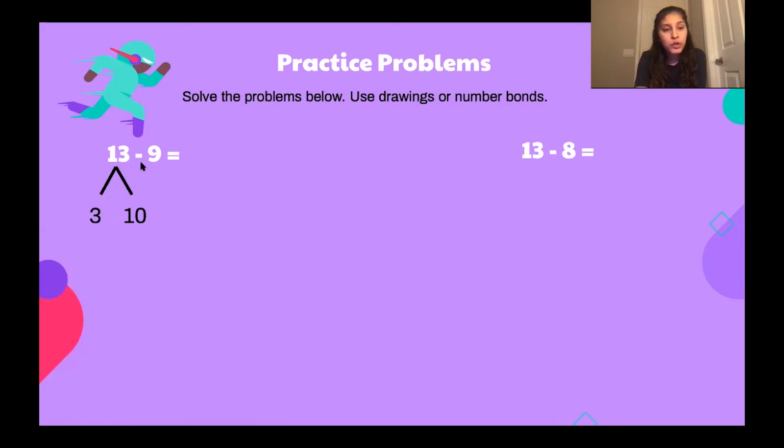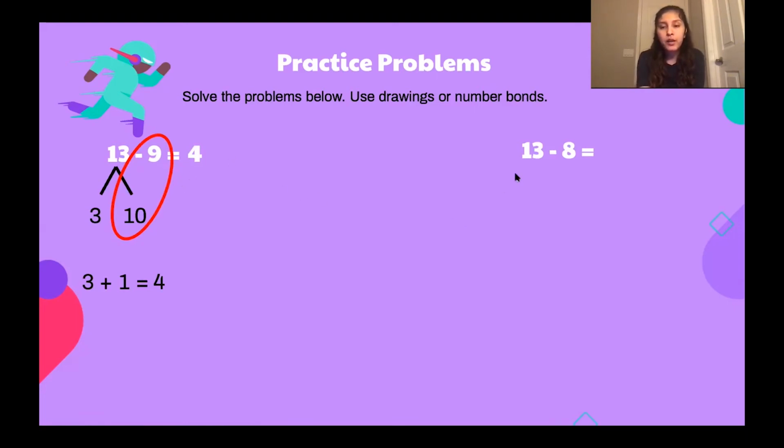And I can subtract 9 from 10 because I know what 10 minus 9 equals: 1. So 3 plus 1 equals 4. So 13 minus 9 equals 4. Nice. So check your answer. Did you get 4 for 13 minus 9?